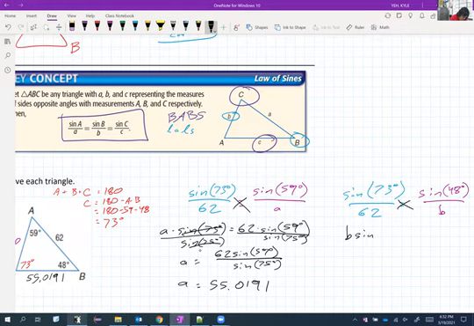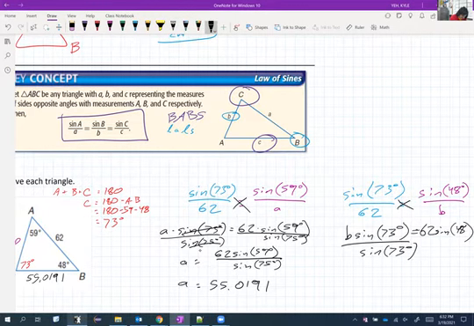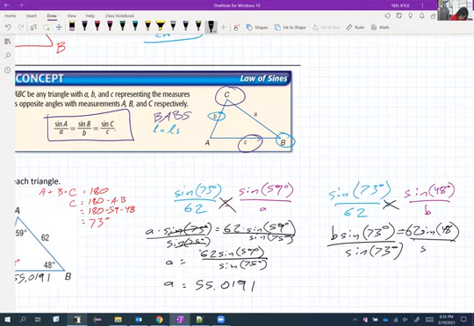B times sine of 73 degrees equals 62 times sine of 48 degrees. Divide to get B by itself, divide by sine 73. I will remember to show it on the other side this time. B equals 62 sine 48 degrees over sine 73 degrees.